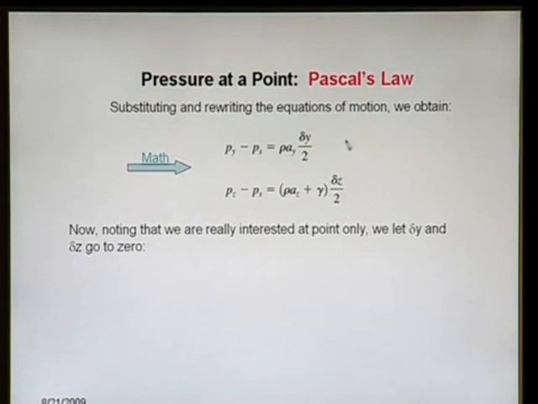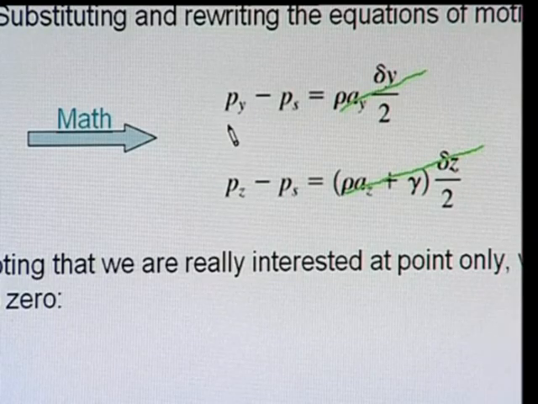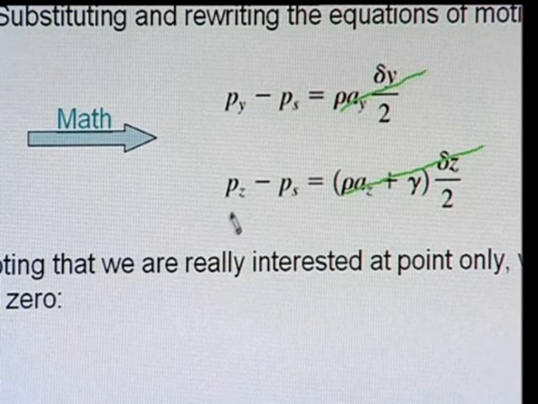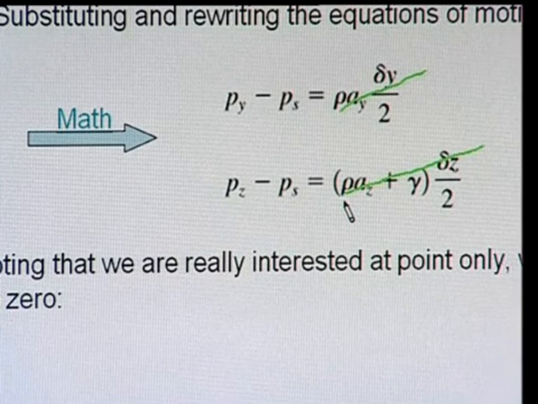After some algebraic manipulation we reach these equations, and if we have a point, then delta z and delta y tend to 0. In that case this will become 0 and this will also become 0, and we can say that Py is equal to Ps and Pz is equal to Ps. Similarly, after reorienting this figure we can prove Px is equal to Ps. So now we can say that pressure at a point is the same in all directions: s direction, y direction, z direction and x direction.